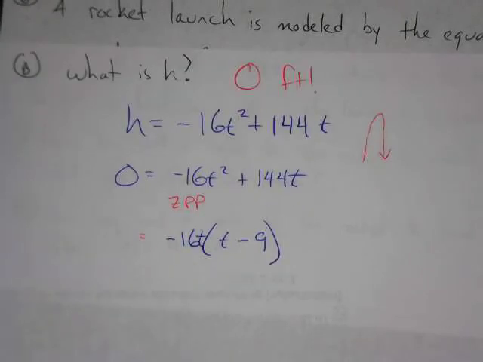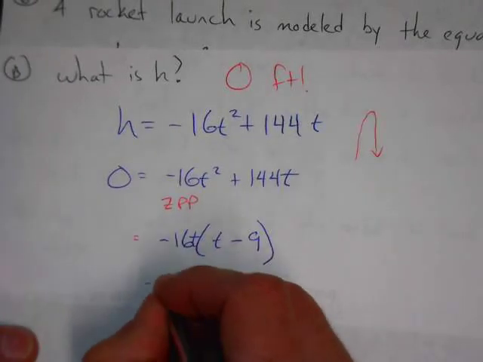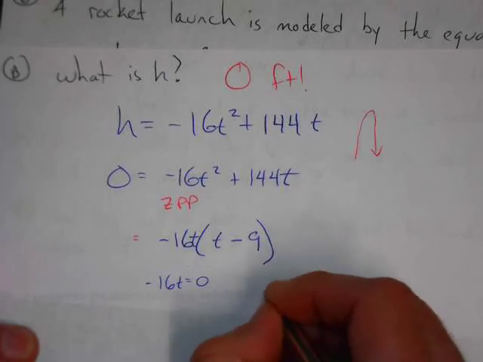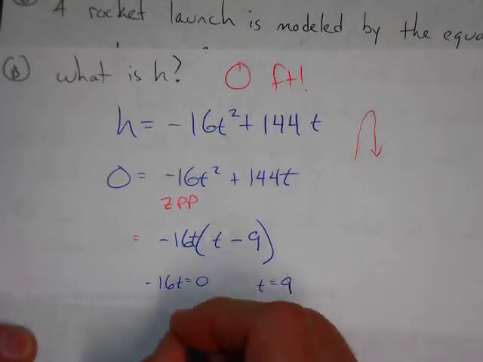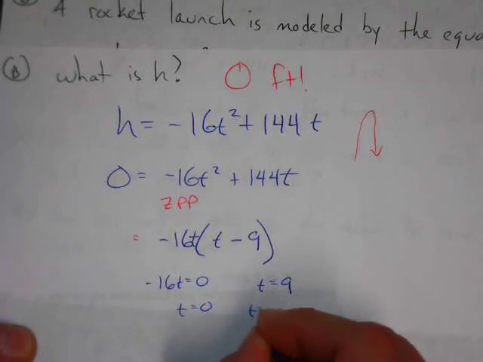If you don't get what just happened, hit pause and make sure you understand factoring. Now we can see that negative 16t could be equal to 0, or t could be equal to 9. So t could be 0, or t could be 9.